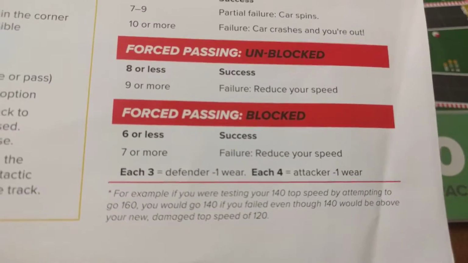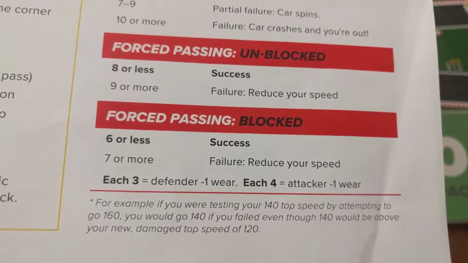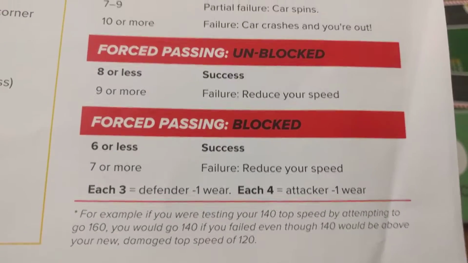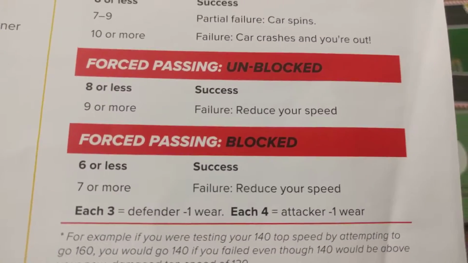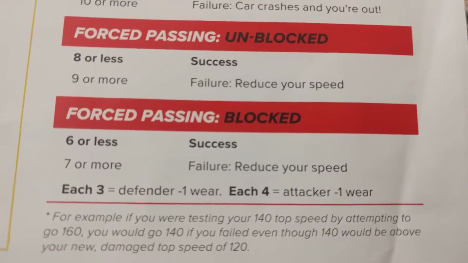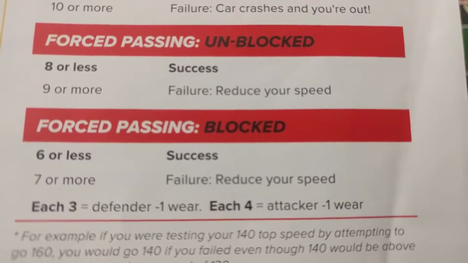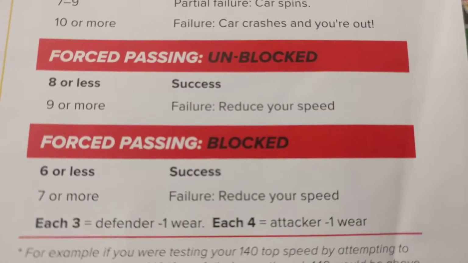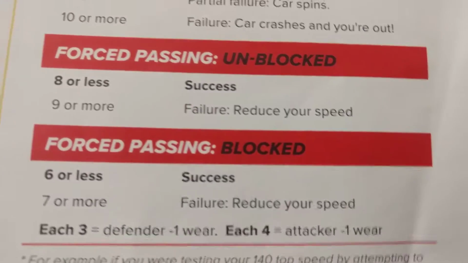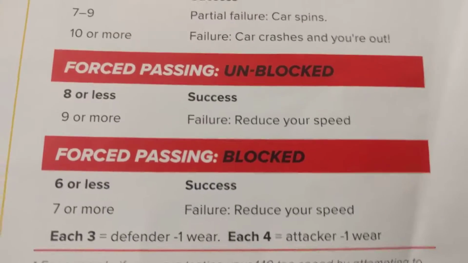And let's look at these two tables here. So there's forced passing unblocked and forced passing blocked. And you'll see that unblocked is successful on an 8 or less, and blocked is successful on a 6 or less. And that's actually a pretty significant difference there. So the Ferrari gets to make a decision about that. If the Ferrari decides to block, it's going to make the Tyrrell's chance to pass much lower.